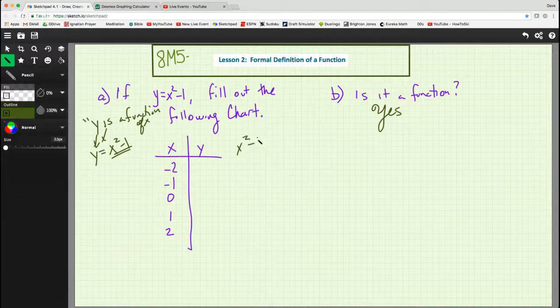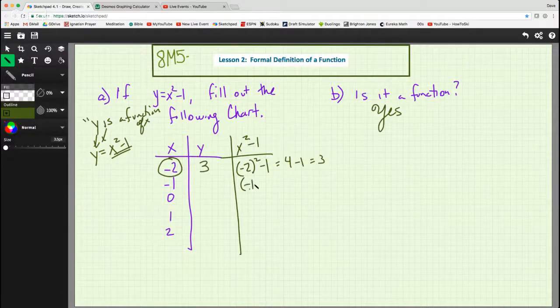So all we have to do to fill out this chart is to substitute in x squared minus 1 using our input of -2. -2 is our input. So if we say -2 squared minus 1, that's 4 minus 1, so that's 3. This is -1. We take our input and we put it in.